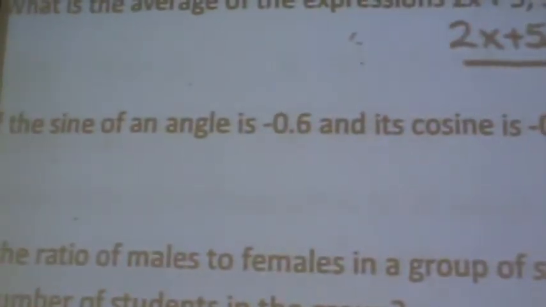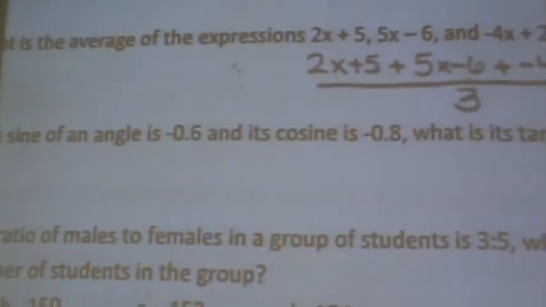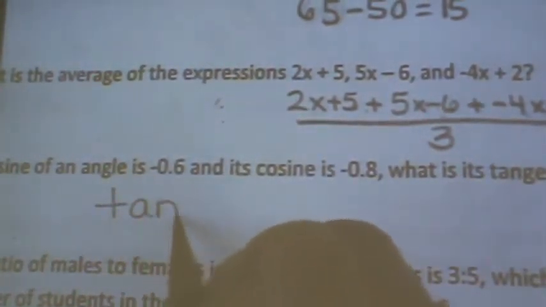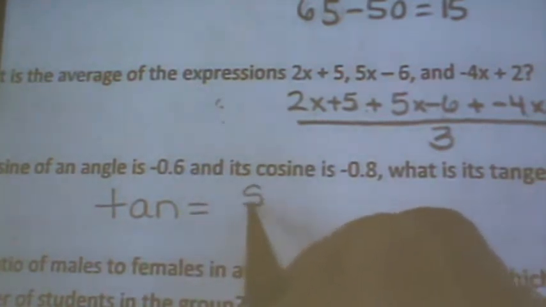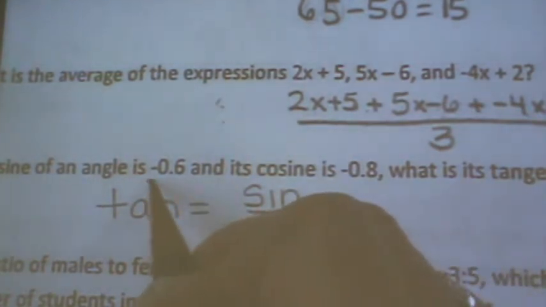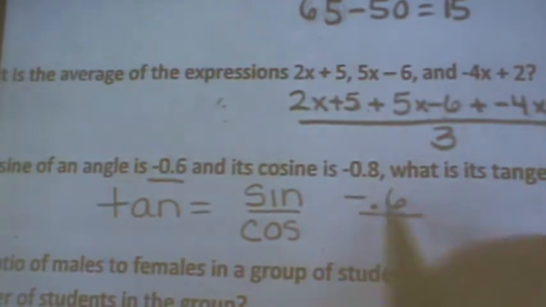37. Now they talk about sine and cosine, and then they talk about tangent. This does not mean touching, this means the ratio. Do you remember yesterday I told you what tangent is equal to? Sine over cosine. Well, what is the sine? It's -0.6, and the cosine is -0.8.